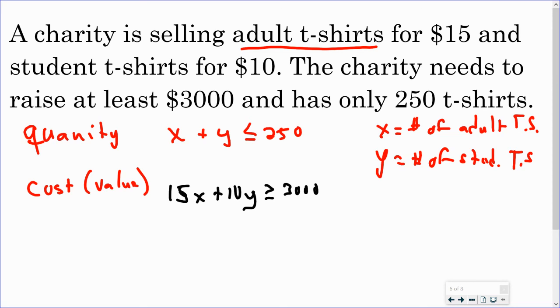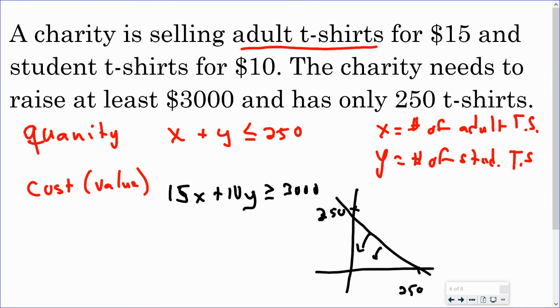Now, from here, I could go ahead and graph this. Okay, 0, 250, and 250, 0. So if I wanted to think about this, this is 250, and this is 250, and I draw that way. Okay, 0 plus 0 is less than, that's true, so it would go towards the middle.